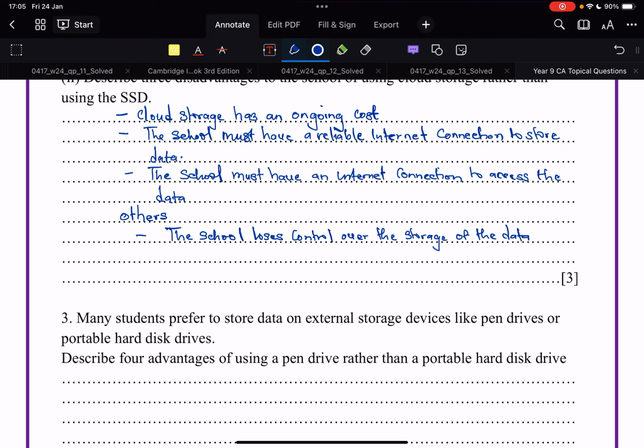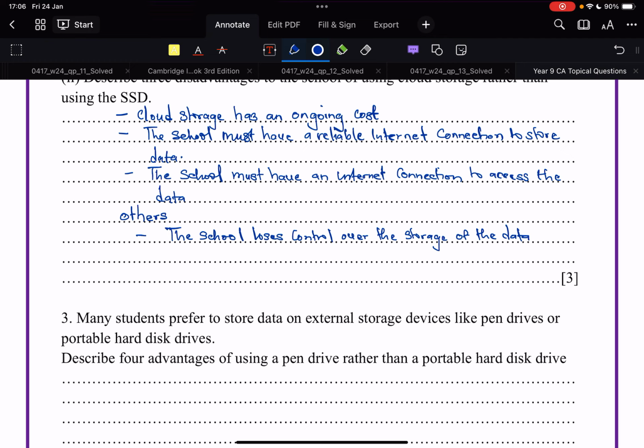Now, one of the issues is that there's always a security concern because you're uploading this to people's servers that you're paying to rent. So that simply means that they have control, you don't. So that simply means that if anything goes wrong, you lose your files. So the school loses control. Unlike the SSD, it simply means that the SSD is with you and you are in control of whatever happens to your files.